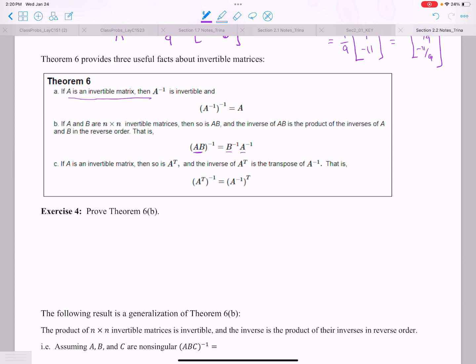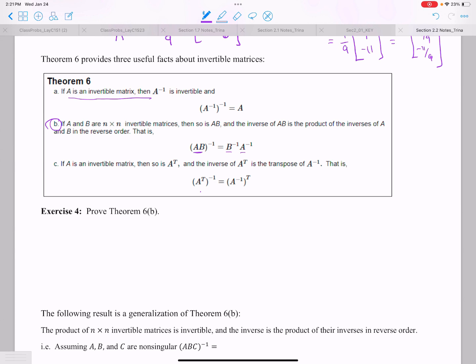And then combining transpose and invertibility, this is saying it doesn't matter if you take the transpose first and then inverse, or if you do the inverse and then transpose it. Either way, it's the same. So we're going to prove the second one. And so the second one is saying that the inverse of AB is B inverse A inverse.